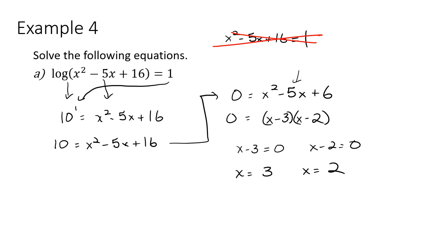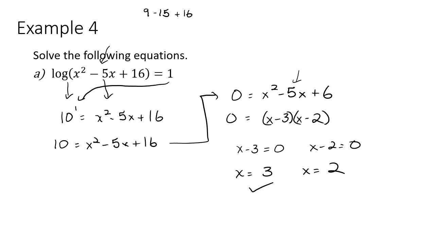We do still need to double check and make sure that they keep the inside of the logarithm positive. So if we plug 3 in for x, we would have 3 squared or 9 minus 5 times 3 or 15 plus 16, which would be a positive 10. So that checks out, that's fine.